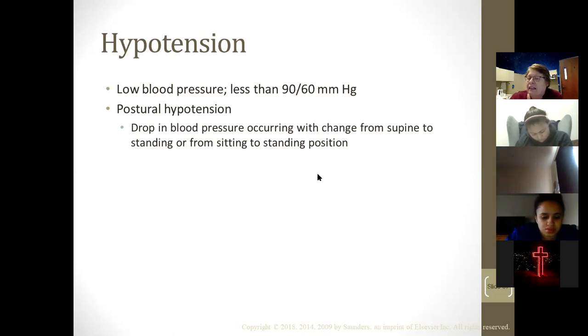So if you're lying down and your blood pressure is 120 over 80, and then you sit up in bed and your blood pressure changes to 100 over 60, that's postural hypotension. So the blood pressure drops when you change position.